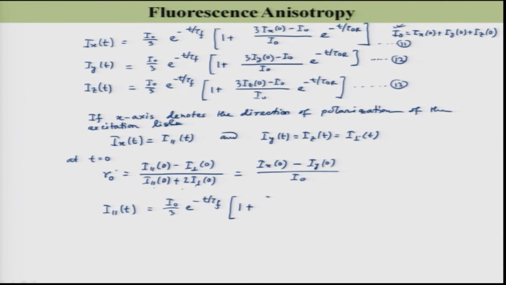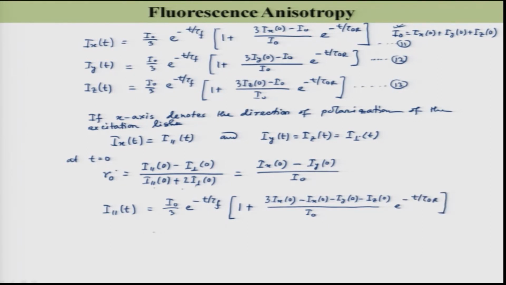Now, I will replace I 0 with I x 0 plus I y 0 plus I z 0, so 3 I x 0 minus I x 0 minus I y 0 minus I z 0 divided by I 0, e to the power minus t by tau r.